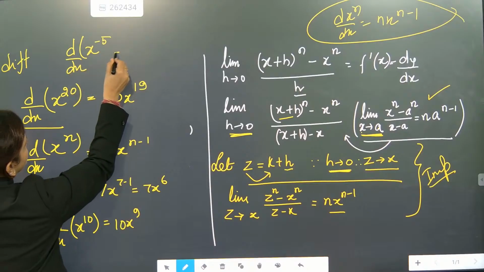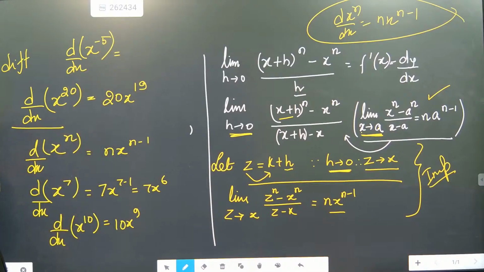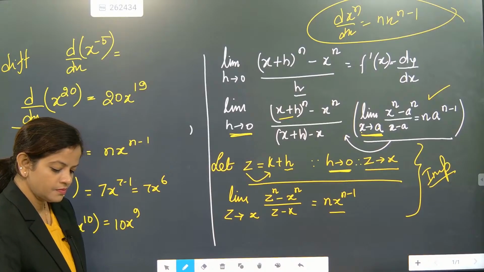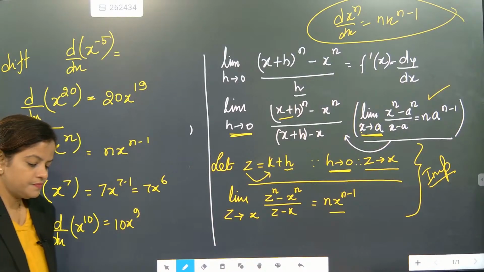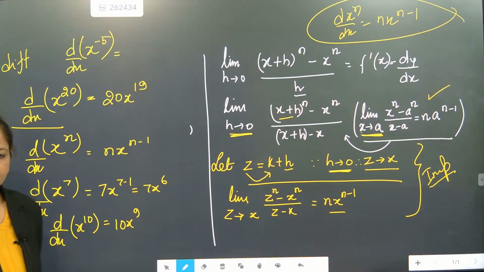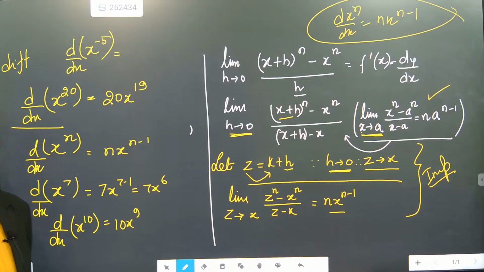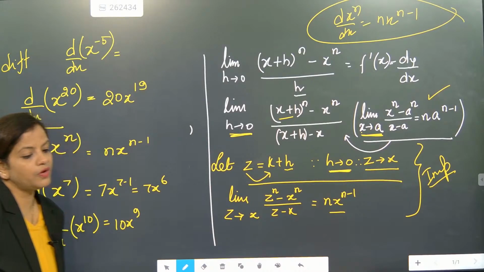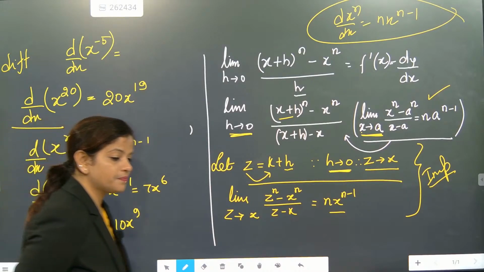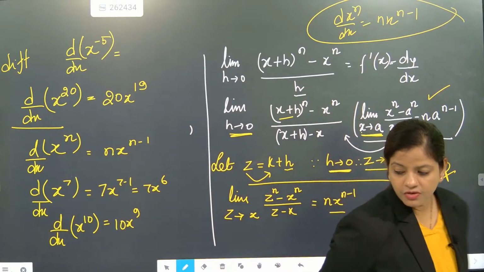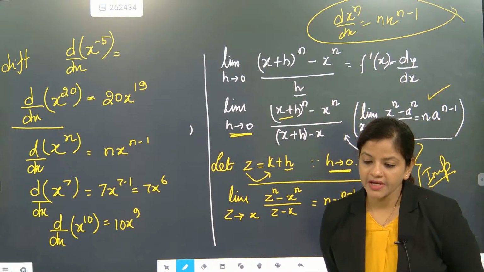Now you do differentiation of x to the power minus 5. If anybody asks differentiation of x to the power minus 5, how are you going to respond? Positive number you understood. Negative number will become... Differentiation of x to the power minus 5.